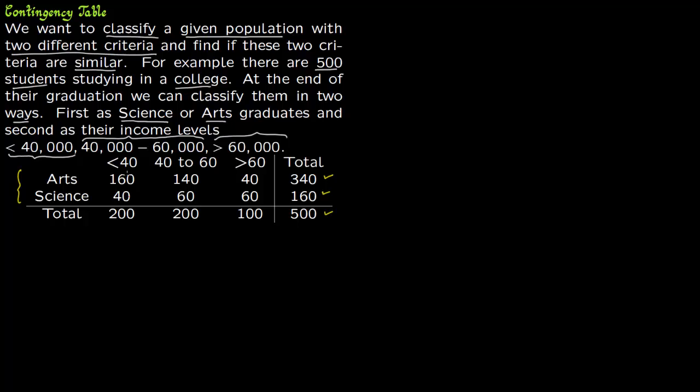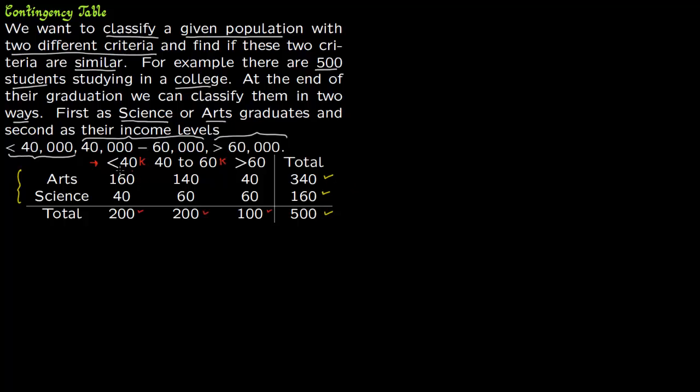The second classification is according to income level: less than 40k, between 40 and 60k, and more than 60k. Less than 40k, there are 200 students. Between 40 and 60, there are 200 students. More than 60, there are 100 students. Again, you add 200 plus 200 plus 100, you get 500.